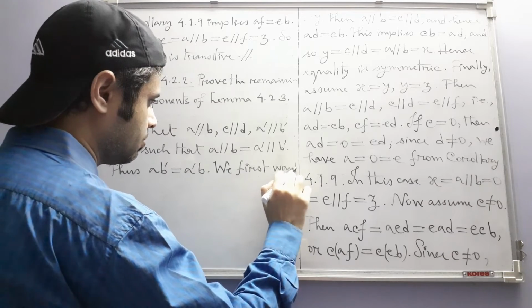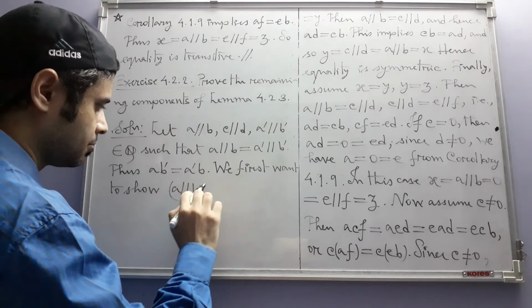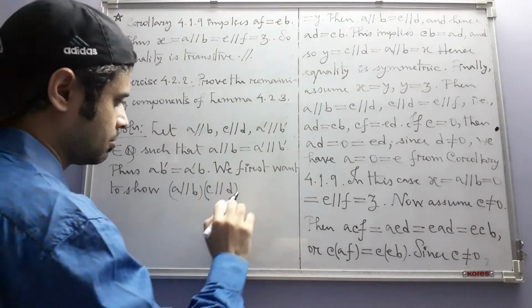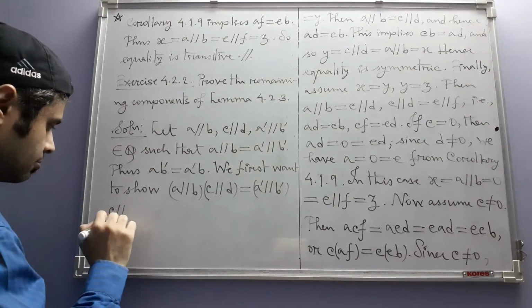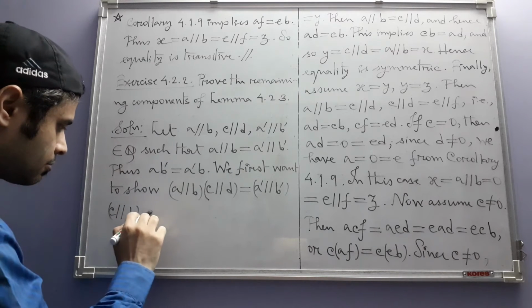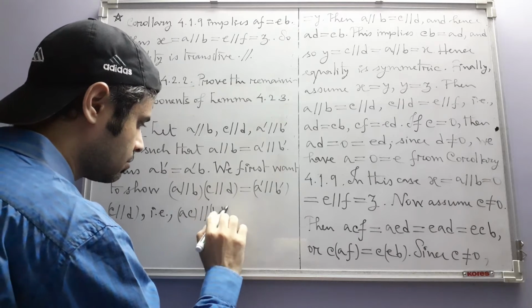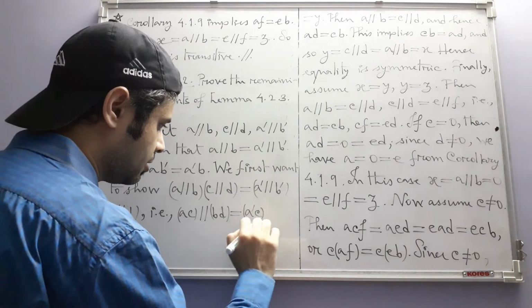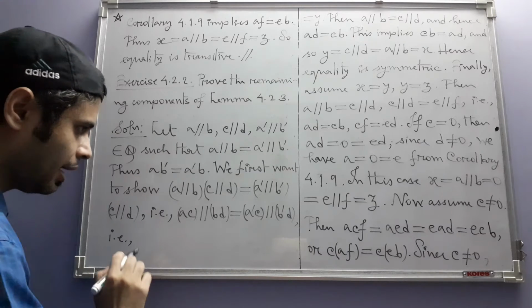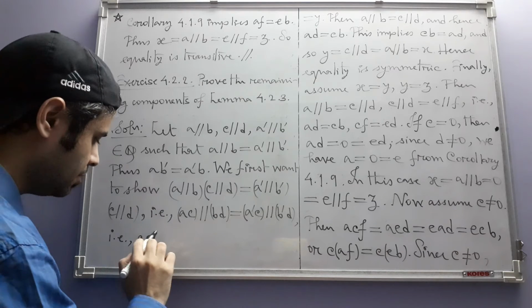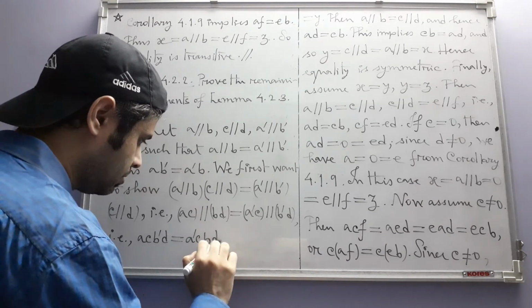We first want to show that if we perform this multiplication, then the result is the same as this one times C by D. And for this, we need to show equivalently that AC by BD should be equal to A prime C divided by B prime D. Equivalently, this means we have to show that AC B prime D is equal to A prime C BD.